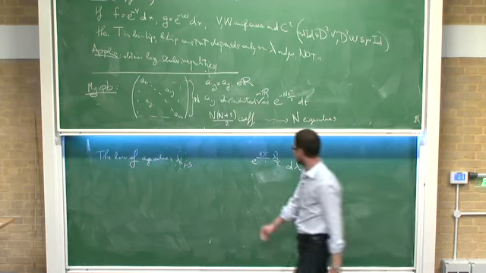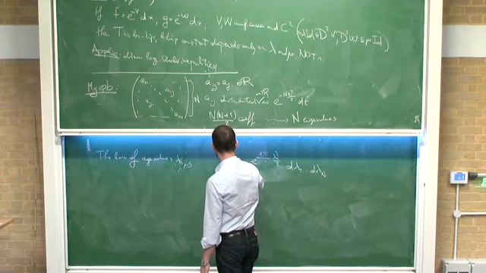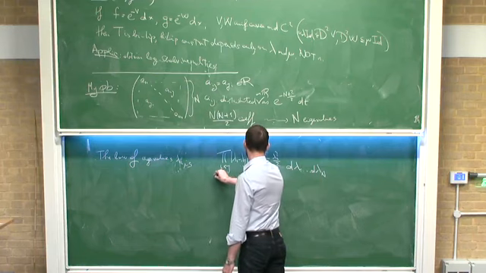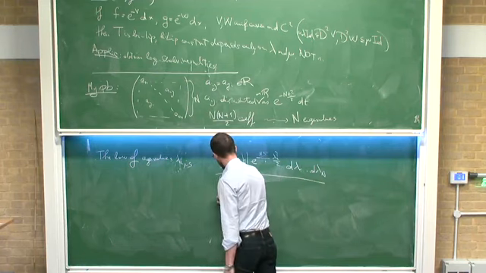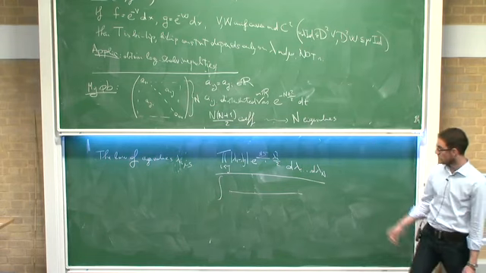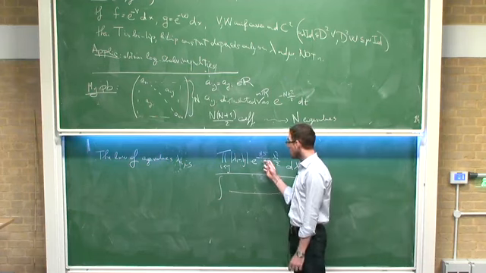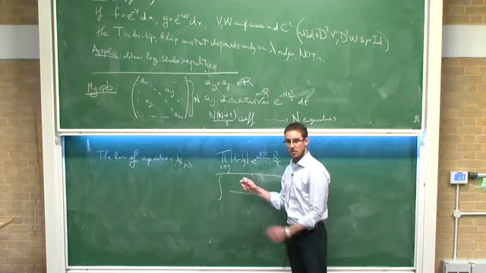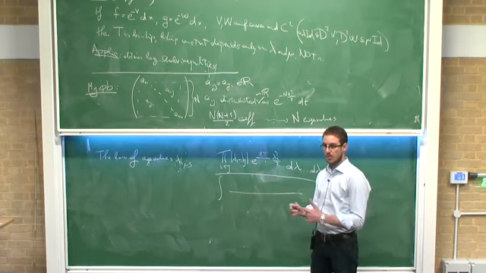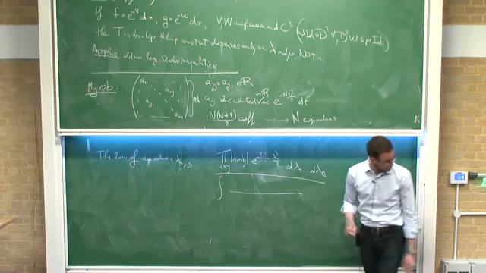In fact, the formula is that you have a product over I less than j of the modulus of lambda I minus lambda j, and then you divide by the integral of the same expression to make it a probability measure. So the eigenvalues are distributed in a Gaussian way, but with a weight in front which vanishes whenever the eigenvalues coincide.